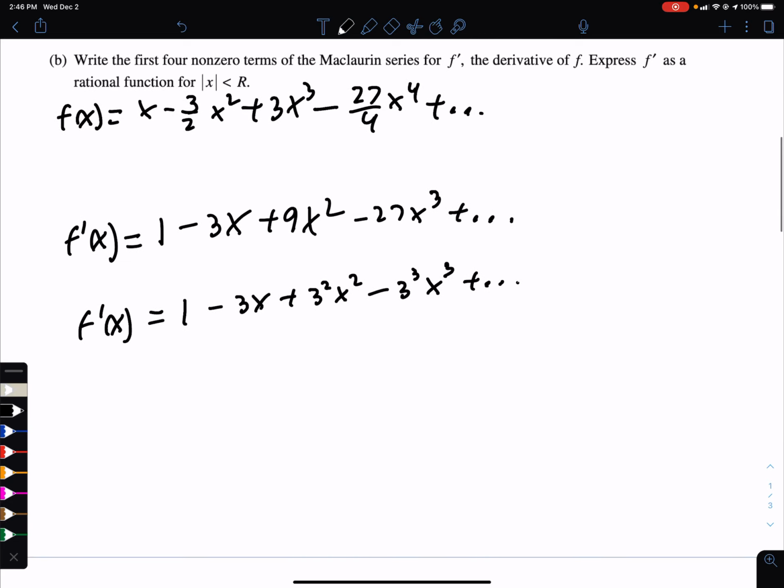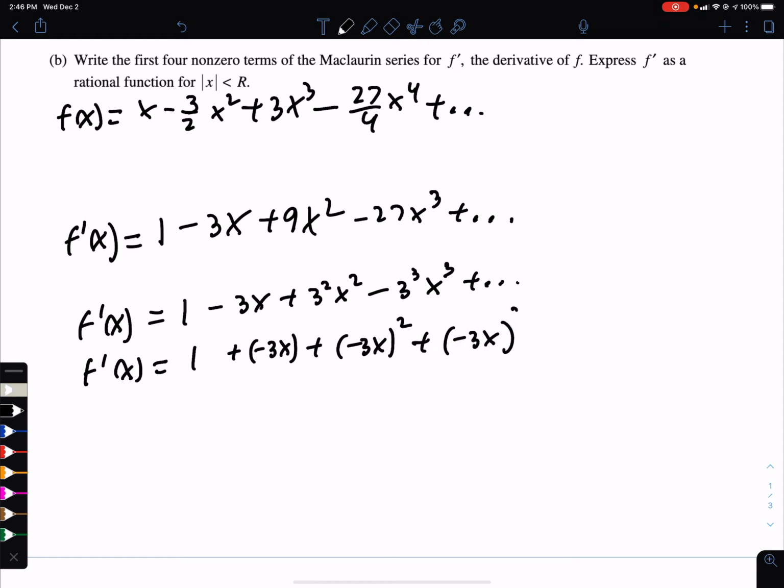Now, if you look at this, you might see something like this: plus negative 3x to the first, plus negative 3x squared, plus negative 3x cubed, plus dot, dot, dot. Then if you look at this pattern, you get this.